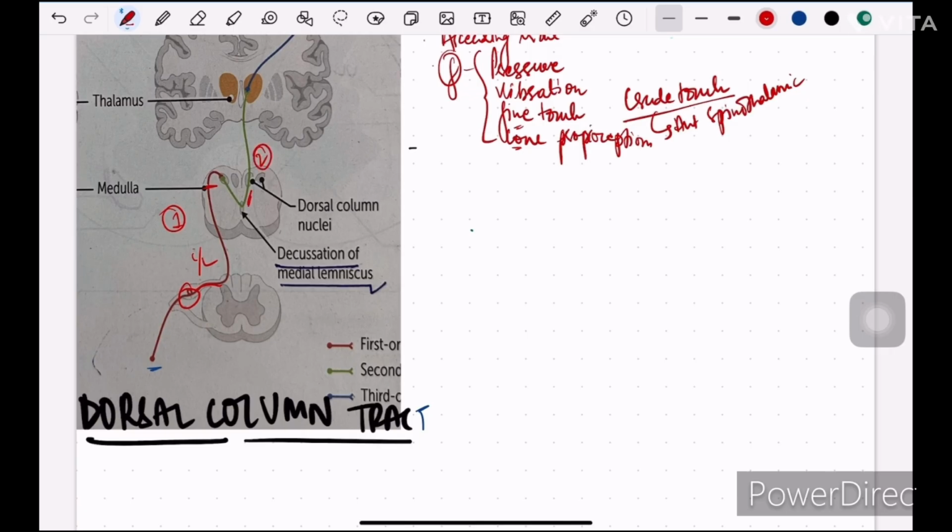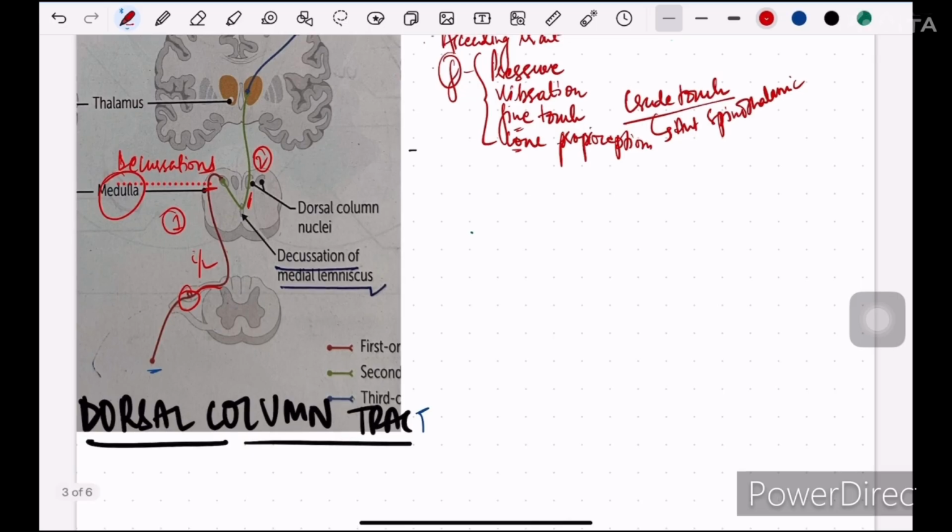Decussation happens at the medulla, very very important that we have to remember. And then it goes to the thalamus के कौन से part में, just remember VPL, because when you watch the subsequent video you'll get to know what VPL is. So thalamus, VPL, which is basically the ventroposterolateral nucleus of the thalamus, right.